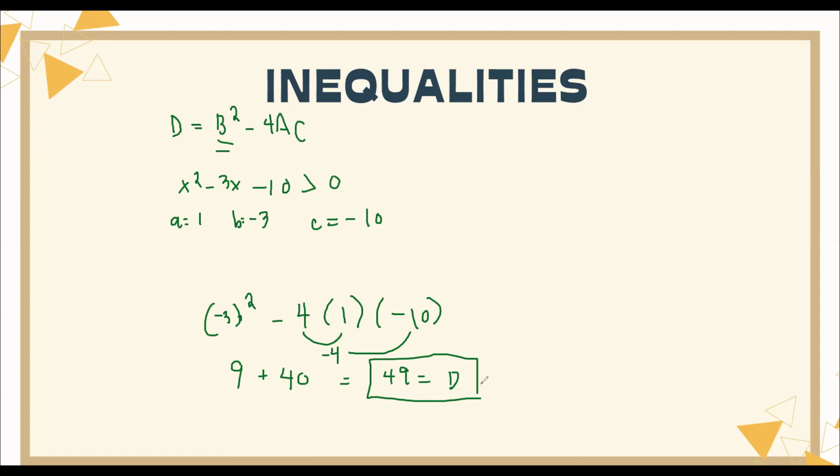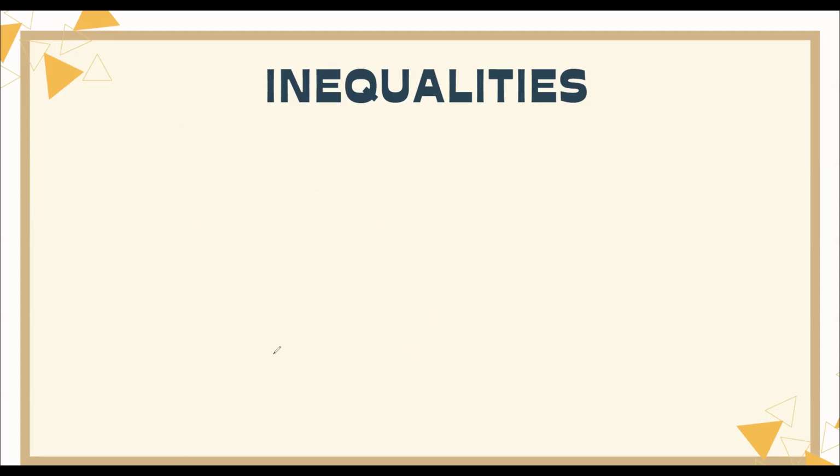Now, for inequalities, we also have what we call higher order polynomial inequalities. So what happens here is that you have multiple factors. You don't just have two of them. So let's say we have higher polynomial, right? Higher order meaning mas mataas sa squared yung exponents natin.